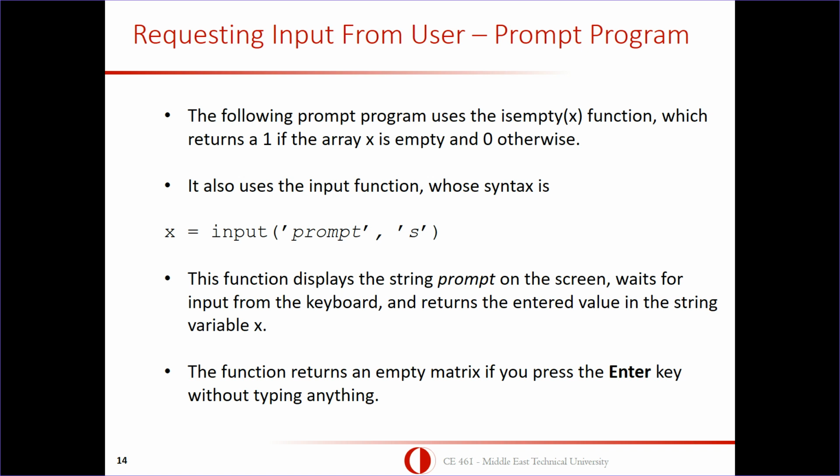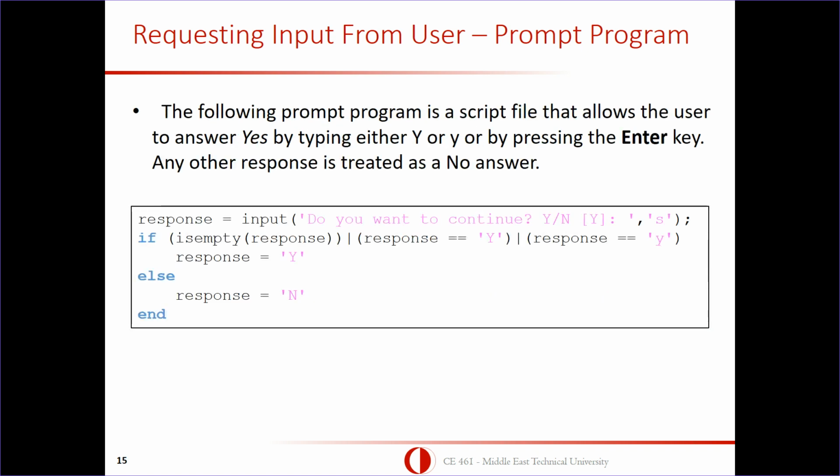Now let's take a look at a specific example. I have response is equal to input, do you want to continue, yes or no. This bracket means if you don't specify anything, then this will be taken as yes, and s simply indicates it's a string.